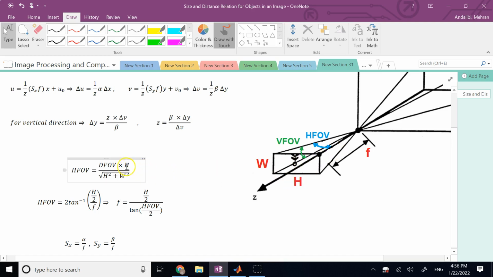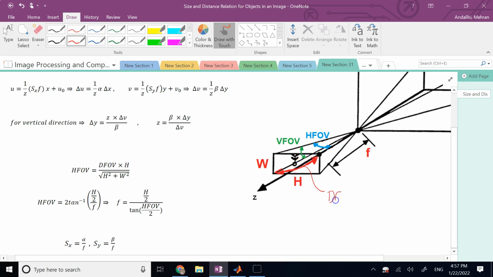So the ratio between h and that diagonal is going to be the same ratio between horizontal field of view and the diagonal field of view. Again, the diagonal is like an angle that corresponds to the diagonal opening. So it's an angle like this, basically. That opening angle you might call the diagonal, DFOV, as opposed to HFOV and VFOV.